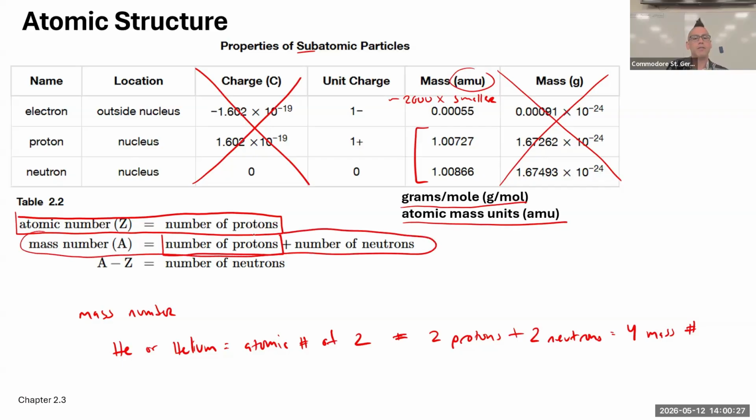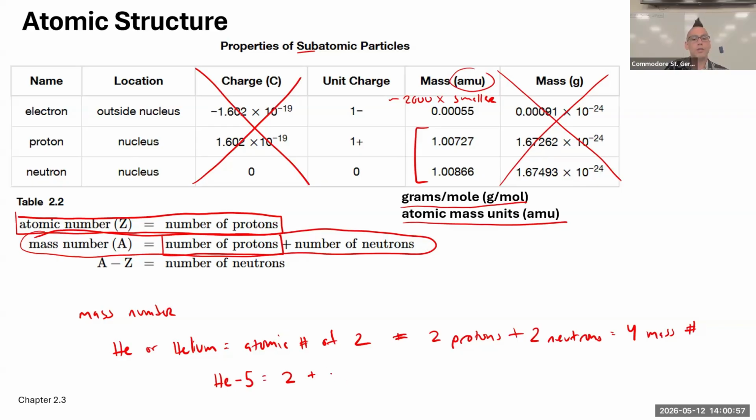So let's put that back into this formula and figure out how many neutrons it could be. So let's say we had helium with a mass number of 5, right? We always know all helium have a number of protons, and that's going to be 2. And it's going to be plus neutrons, we don't know what it is, right?